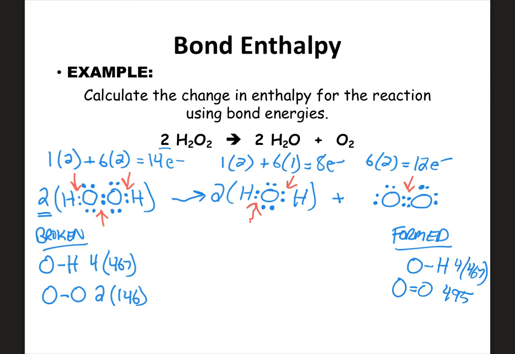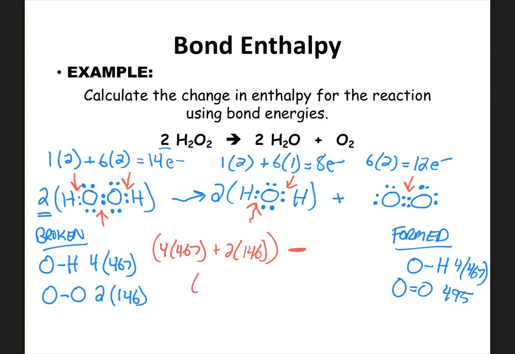Remember, the formula says all the broken minus all the formed. So just pay attention to your parentheses when you're plugging these in. So I need to total up all the broken. So it's going to be 4 times 467, plus 2 times 146. That would be all the broken, minus all the formed.